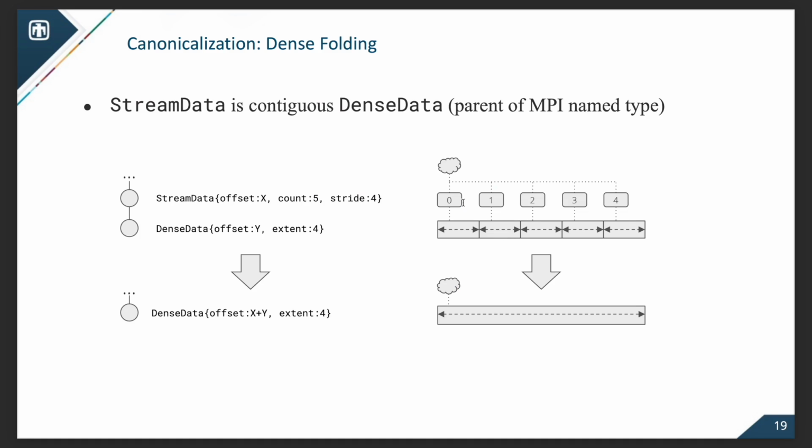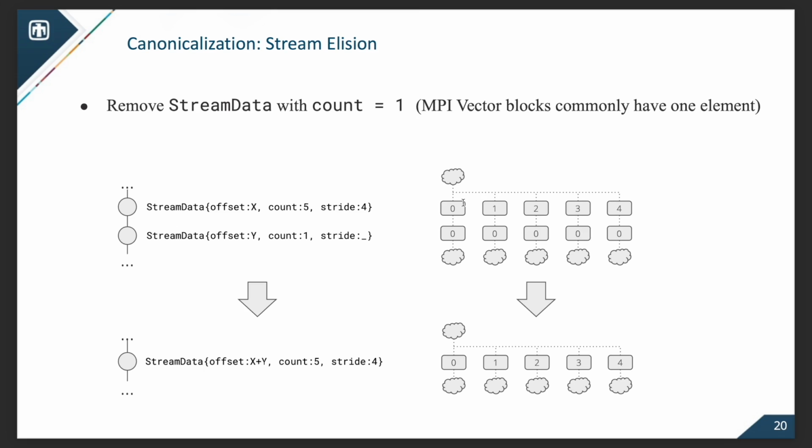Quickly, there are a couple of these transformations. The first is recognizing that we might have a stream of dense data that could be represented as a single dense data, because it turns out that all of the child elements are contiguous in memory.